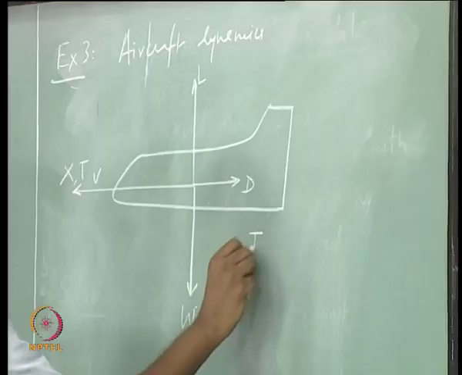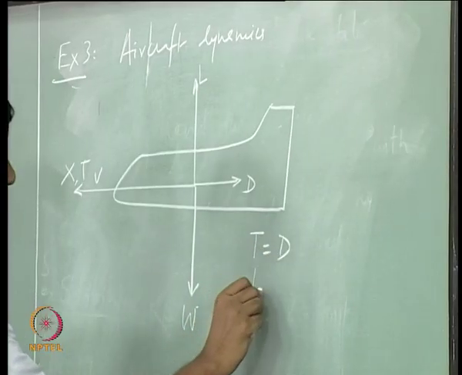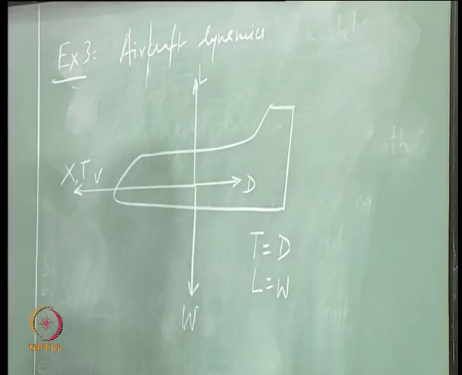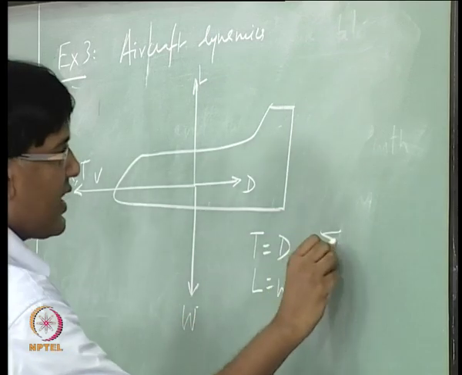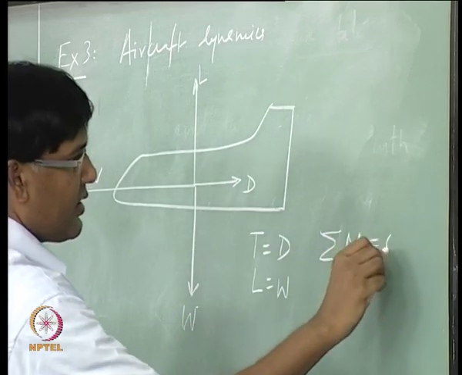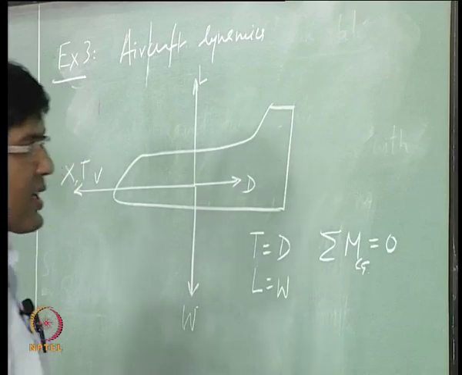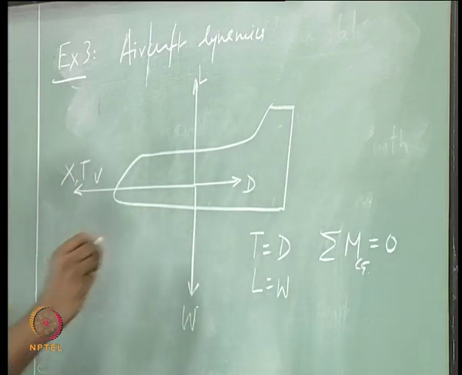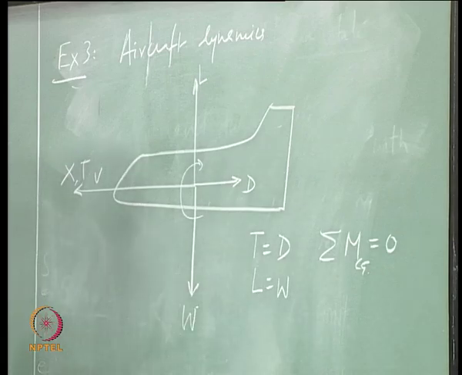So, in equilibrium thrust is equal to drag and lift is equal to the weight of the aircraft, and let us say the sum of all external pitching moments is also equal to 0.